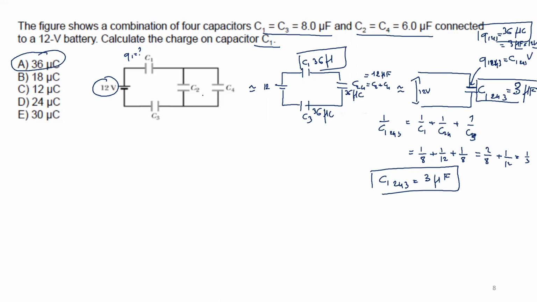Well, that was straightforward, but I could have asked you what's the voltage here? What is V1? Now you know that, of course, Q1 is 36 microcoulomb. Why is it 36 microcoulomb? Because C1, C24, and C3 are in series, so the charge Q1 is equal to the charge Q24, which is equal to the charge Q3, which is equal to the total charge, and the total charge is Q1243, as we already calculated, which is 36 microcoulomb.